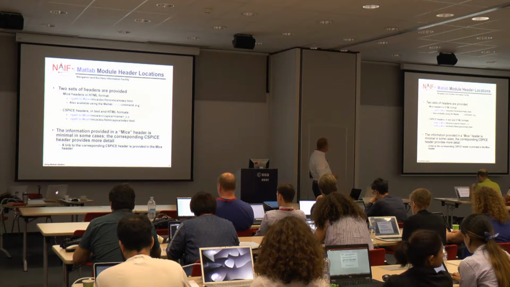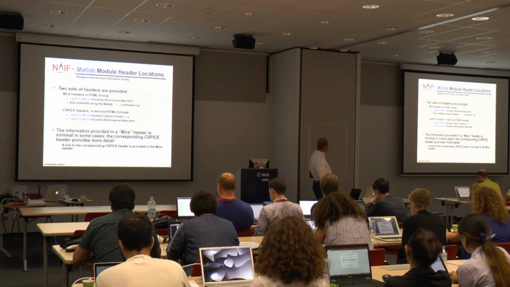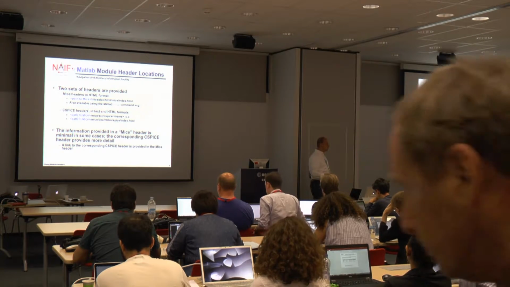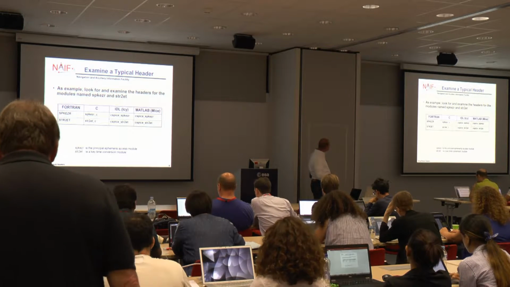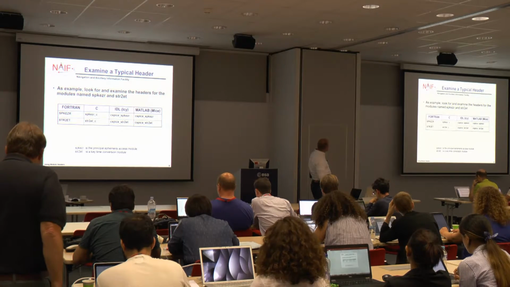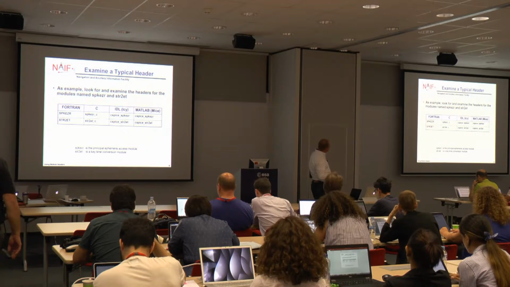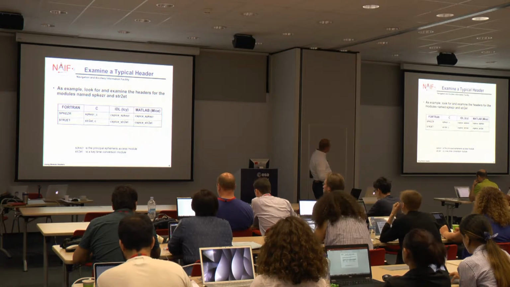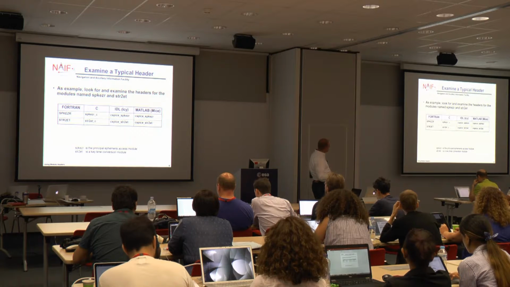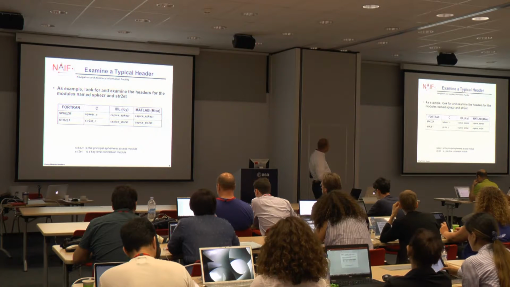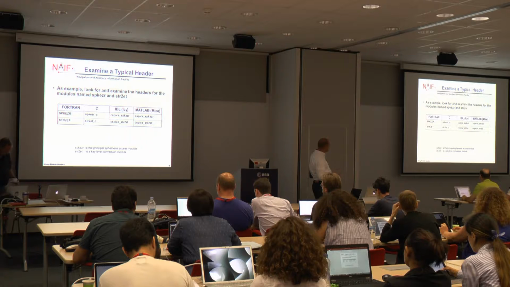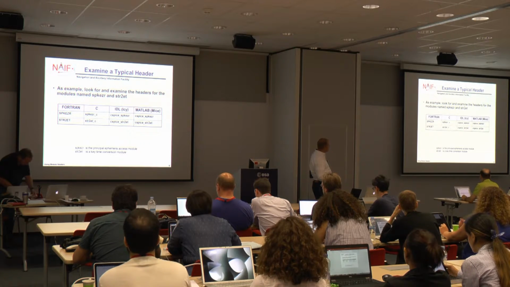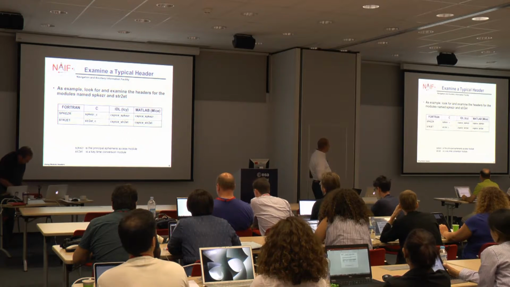As with ICY, you would need to look at the CSPICE headers for more details about those modules. So, as a reminder, the name of the routine for which you need to look is slightly different in different languages: SPKEZR in Fortran, lowercase spkezr_c in C, and cspice_spkezr in ICY and Mice.